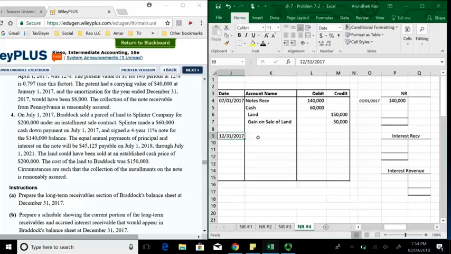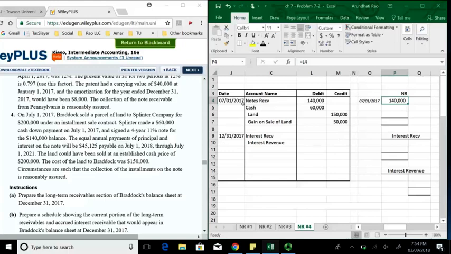So what do I do on this day? Accrual of interest. Interest receivable debit, interest revenue credit. Okay, so this is fairly straightforward. I have $140,000. The interest rate is 11%. So 140 times 11%.